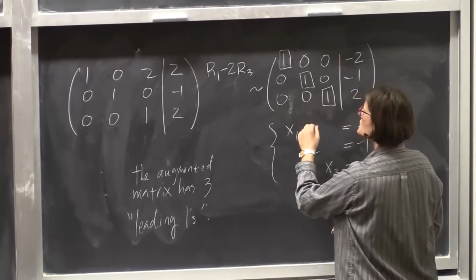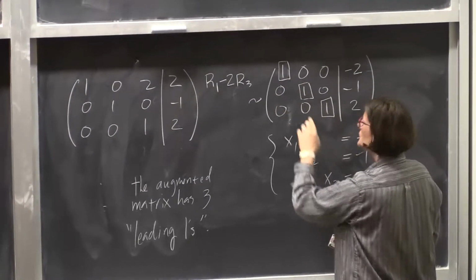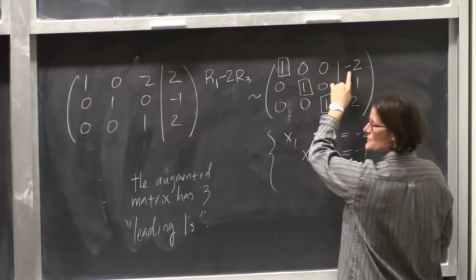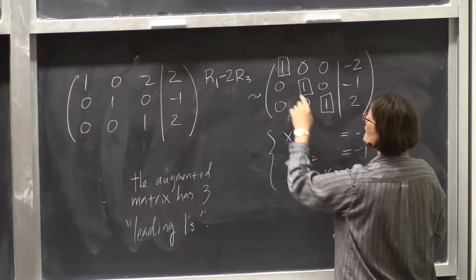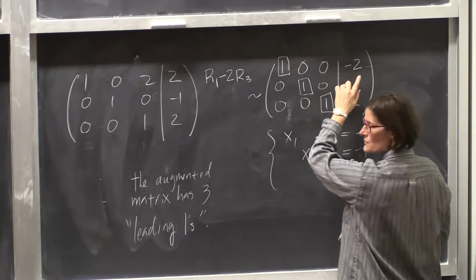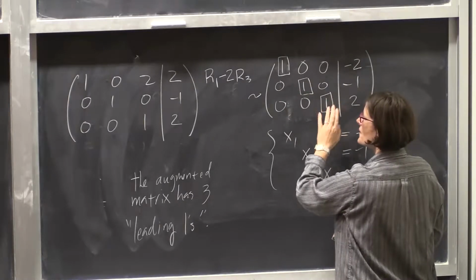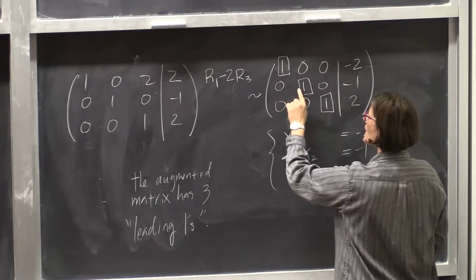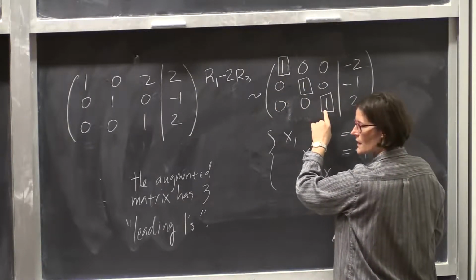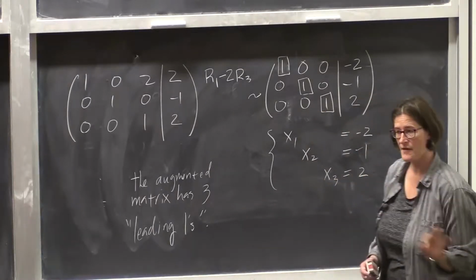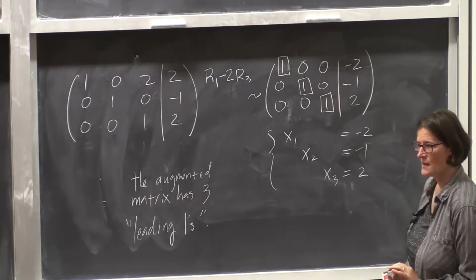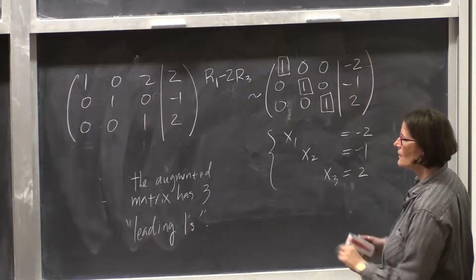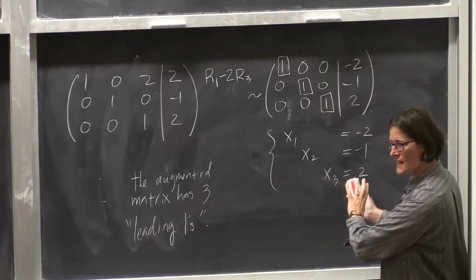If we were willing to stop when this is non-zero, then you might have 10, 0, 0, minus 20. The person to your right might have pi, 0, 0, minus 2 pi, and so forth. But if you demand that you go all the way to these being ones, everybody in the classroom will have the exact same final matrix. And so that's why we try to take it always to the end.